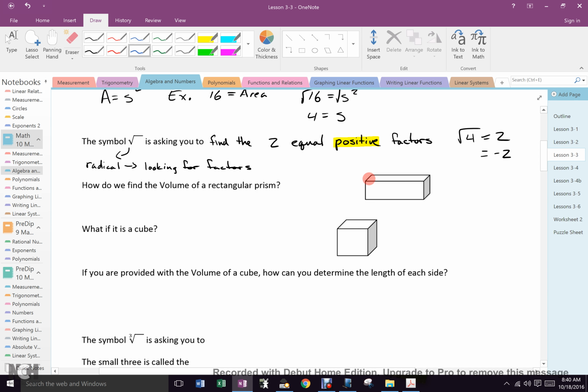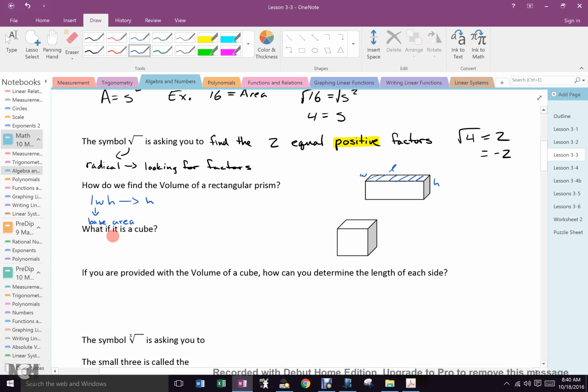Well, the base, I'm going to use the top here because, of course, it's visible. Length, width, and height. So, rectangular prism is LWH. The LW is my base area, and the height is my h. Right? We already know that.